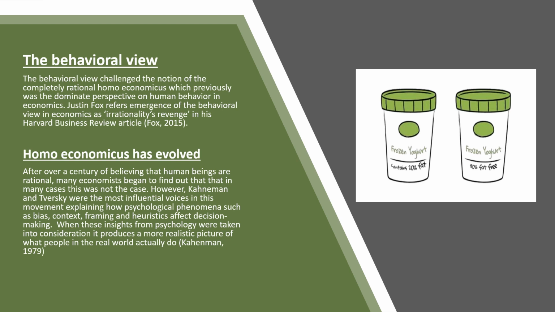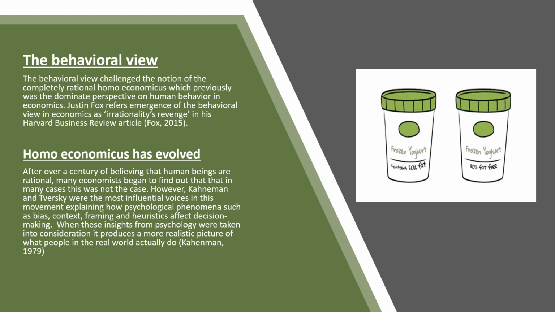Justin Fox wrote an article for the Harvard Business Review called Irrationality's Revenge. And it was all about the fact that actually we're a lot less rational than we think. So after a century of believing that human beings are primarily rational, many economists began to find out that that wasn't the case.